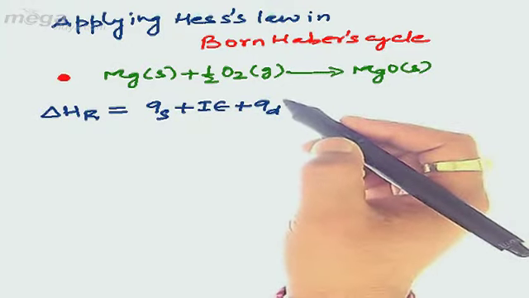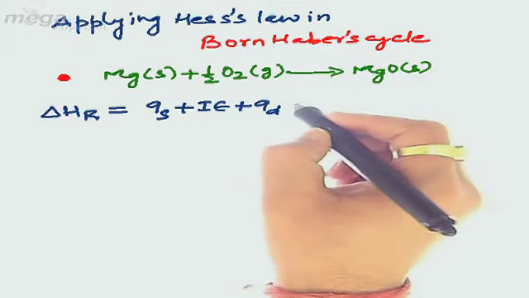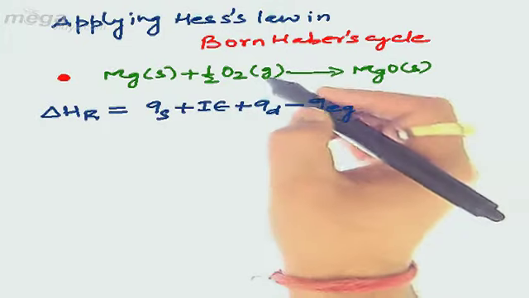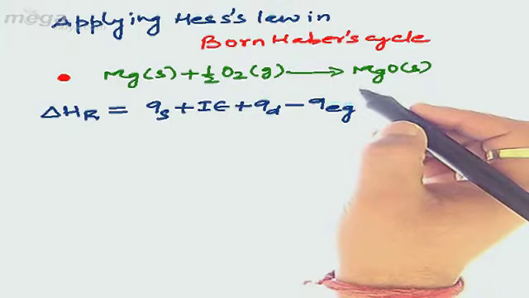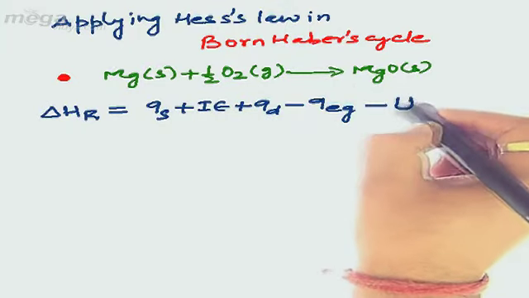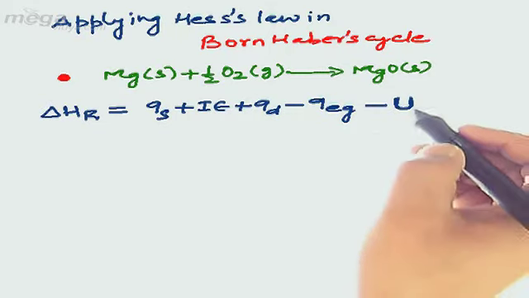In step four, when we added electrons into the valence shell of the isolated oxygen atom, there was a release of energy, which we called heat during electron gain. And during the combination of Mg2 positive and O2 negative, there was again a release of energy, which we called lattice energy, represented by U, which we have to determine through this process.